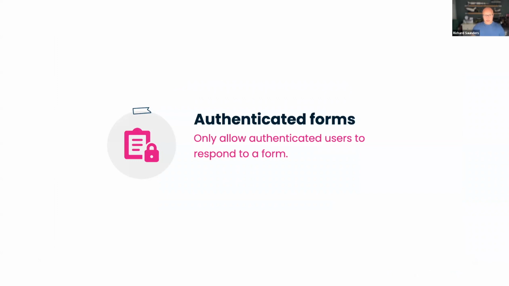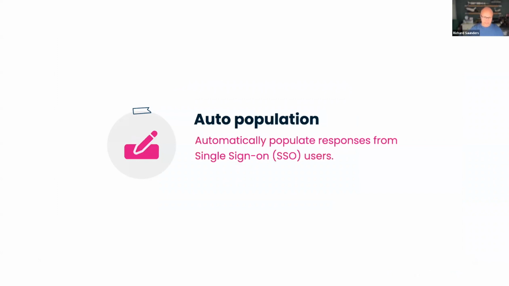Forms will also support authentication, so you can have forms that are dedicated, maybe in an intranet, or where you are authenticated in your site for those forms to be populated. So keeping that data private rather than them being public forms.